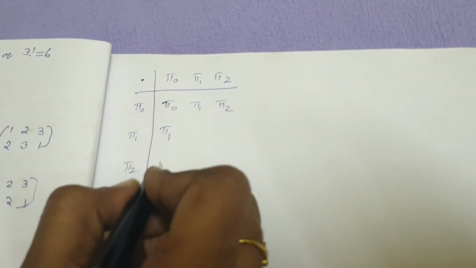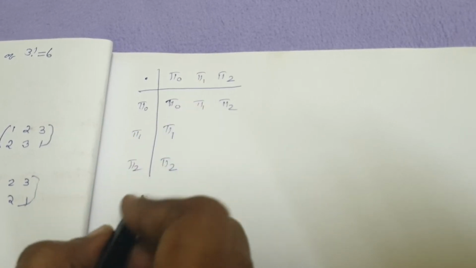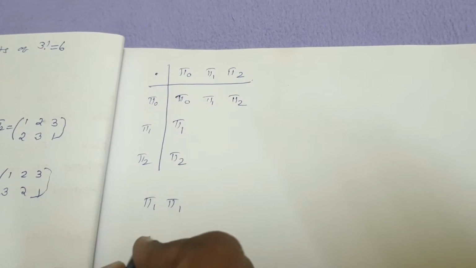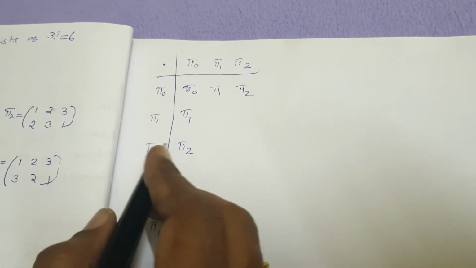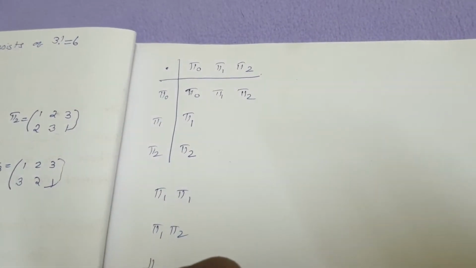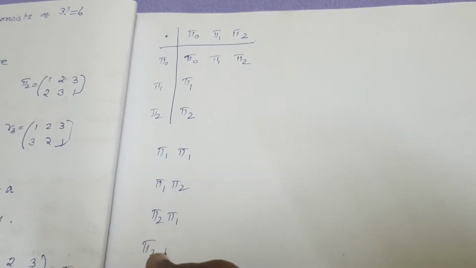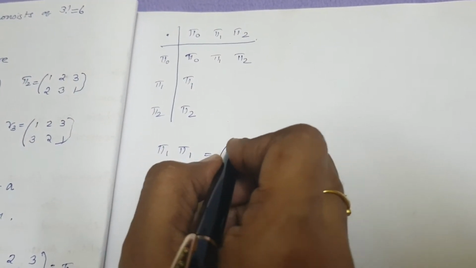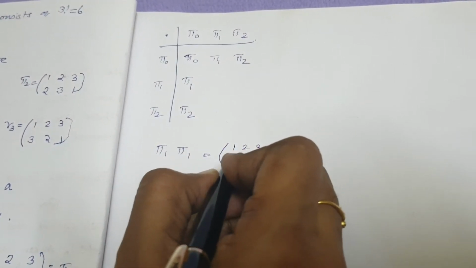Pi naught into pi 2 is pi 2. Now find out the value of pi 1 into pi 1. Next pi 1 into pi 2. Then pi 2 into pi 1. Next one, pi 2 into pi 2. So in this problem we consider the value of pi 1 as 1, 2, 3, 3, 1, 2.